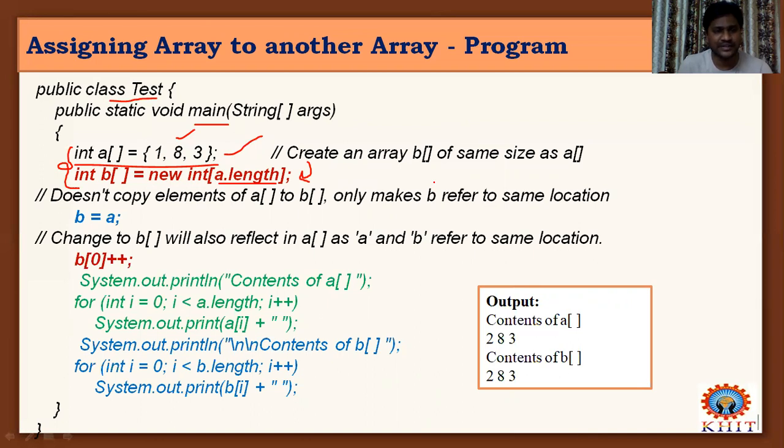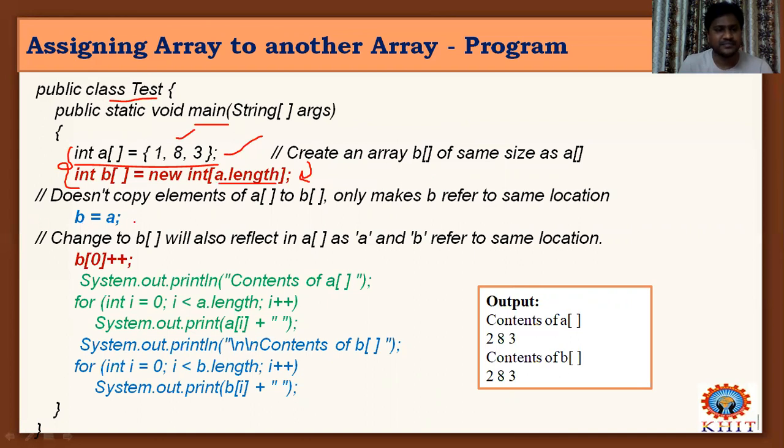Only one array is created, that is A, and B will act as a reference to that created array A. Separate memory is not allocated for B. Memory is allocated only once for A, and B is a reference to that memory.